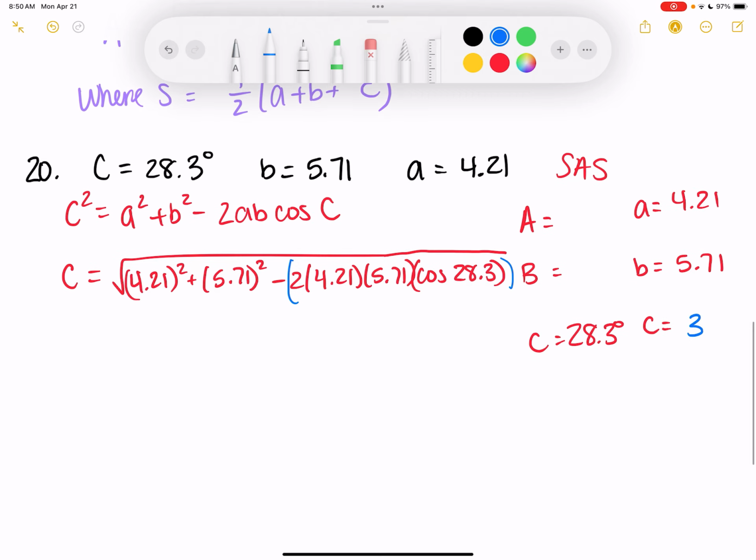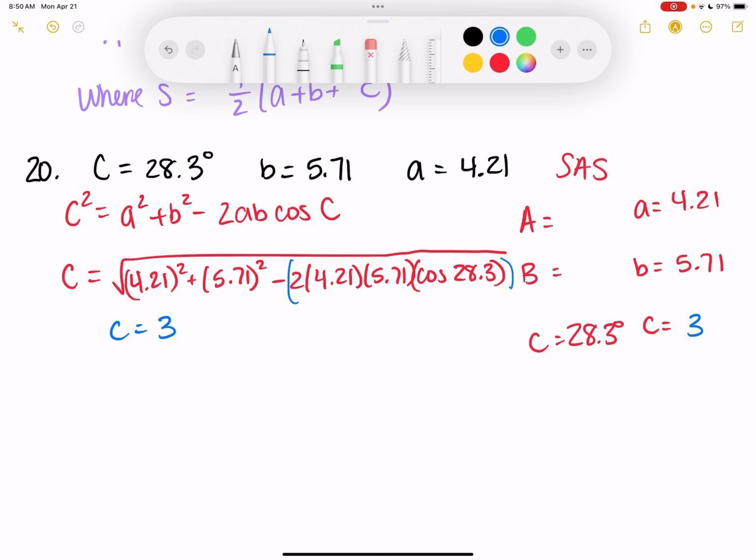So c equals 3. But you'll notice, the reason that I knew that didn't make sense was because angle C produced something that was large, and there's no way that my other two angles can both be smaller than 28 and my entire triangle add up to 180. So I knew something was wrong, which is what flagged it for me.